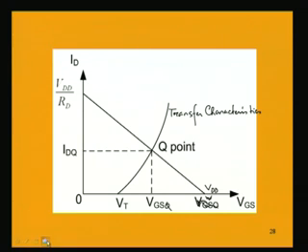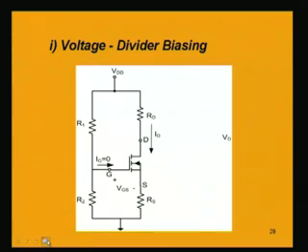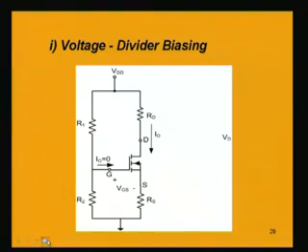This is one biasing scheme. Another biasing scheme which is used for this enhancement type of MOSFET is the voltage divider biasing scheme. This also looks familiar to us, because earlier we discussed the voltage divider biasing scheme while discussing the BJT amplifier.